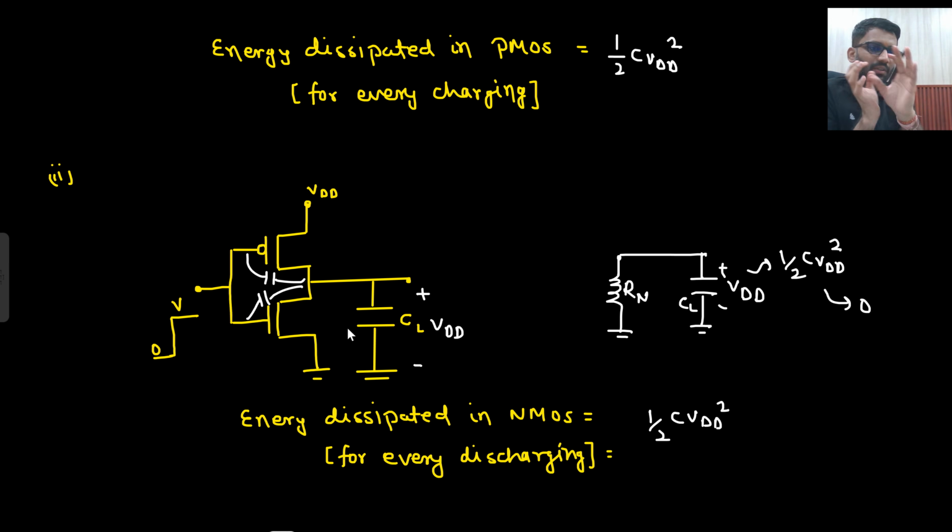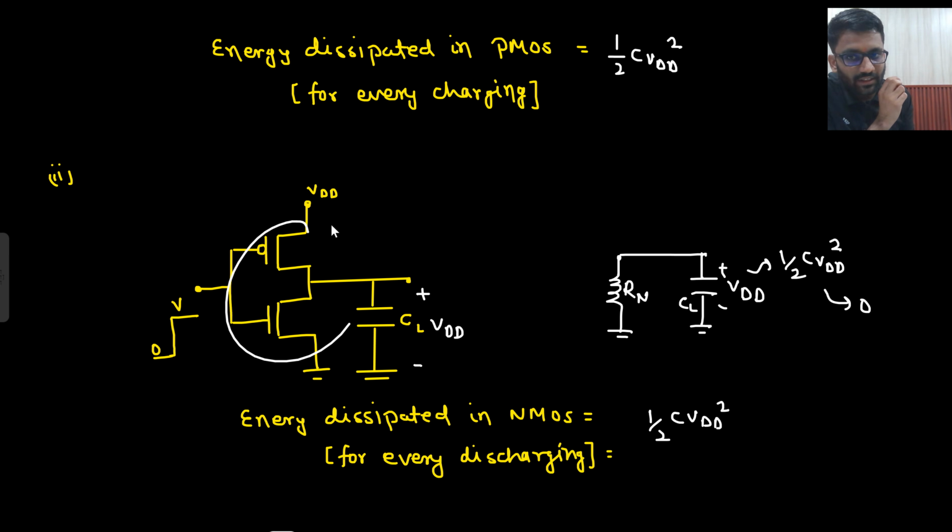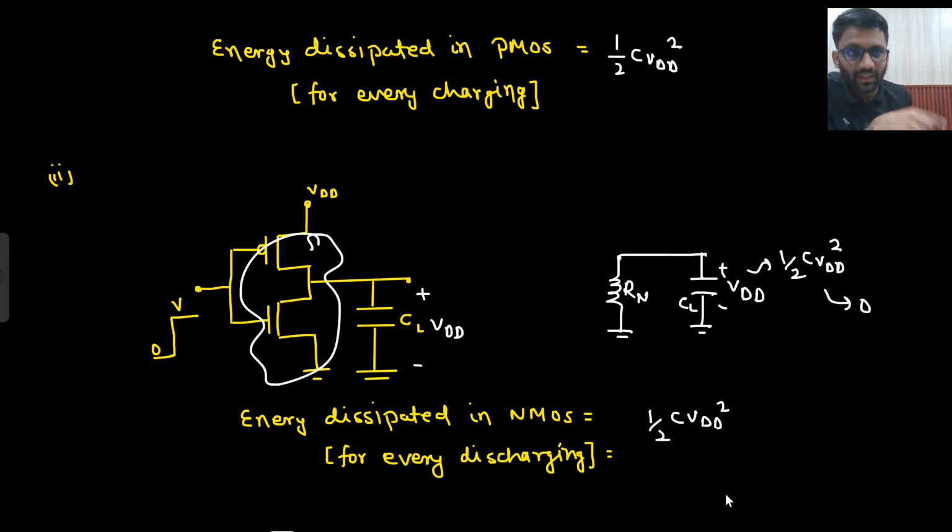So if you apply Miller's, this stage will also have some parasitic cap. So in this CL, only the next stage capacitor is not there. The capacitor of this stage is also there. So this CL is a combination of the input capacitor of the next stage and the capacitors of this particular stage as well.